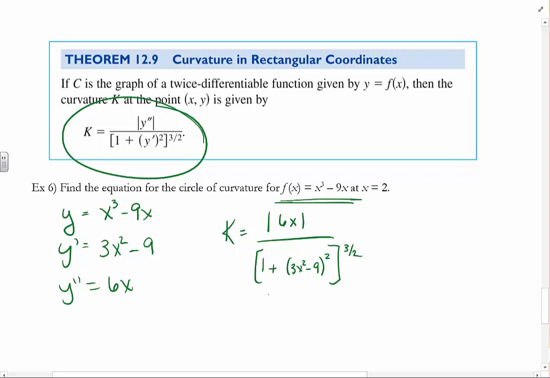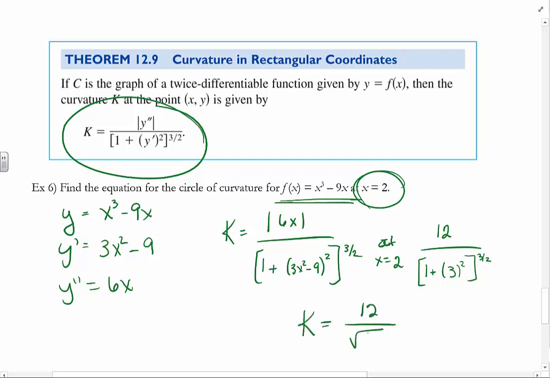And then I just take this curvature formula and I plug in the value they want me to plug in. So in this case, at x equals 2, this is going to give me 12 over 1 plus, let's see, that's going to be 3 times 4 is 12 minus 9 is 3 squared to the 3/2. So my curvature is going to be 12 over the square root of 10 cubed, which is 12 over 10 root 10, which simplifies, but I really don't care that much.